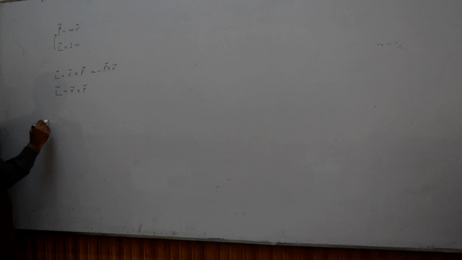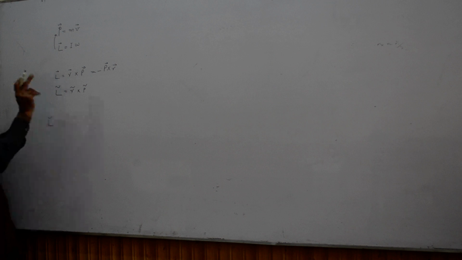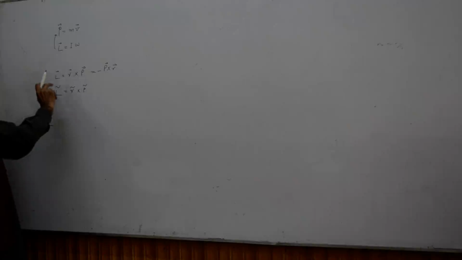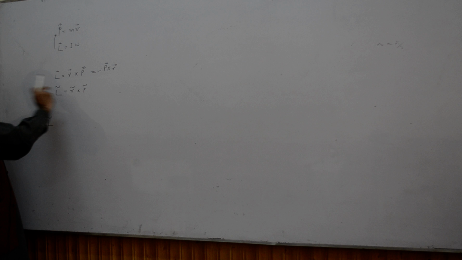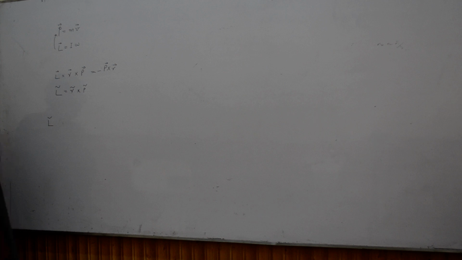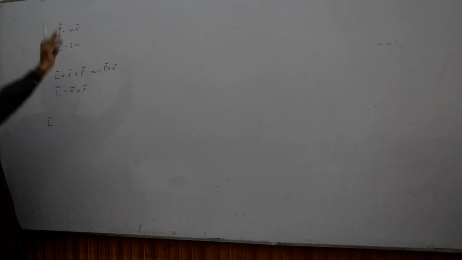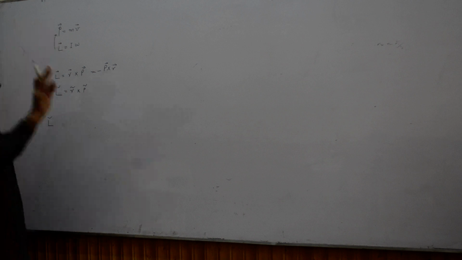Okay. Then it has three components. How can we write the three components? It is one thing more: in quantum mechanics, it is a vector as well as an operator. This is why we are using this symbol. Here it is only a vector, not an operator.